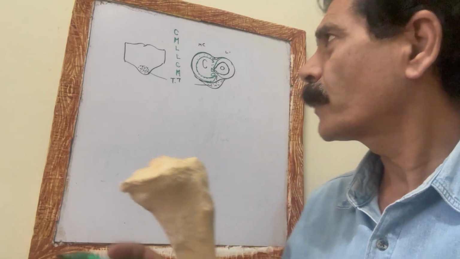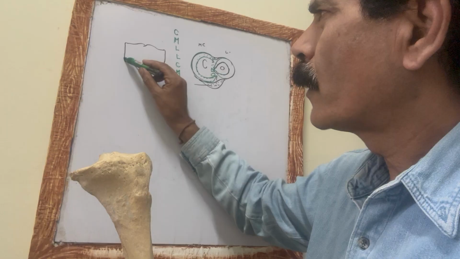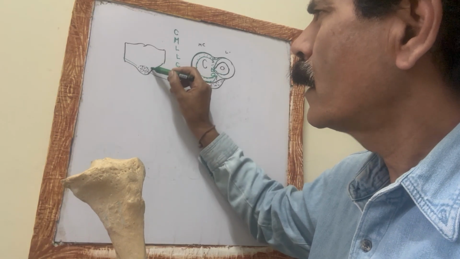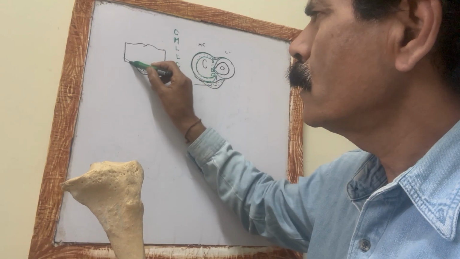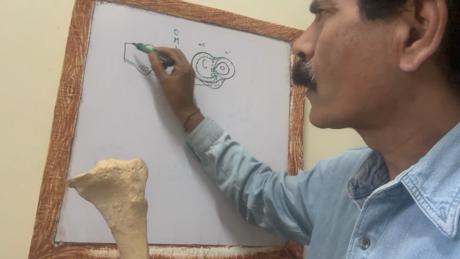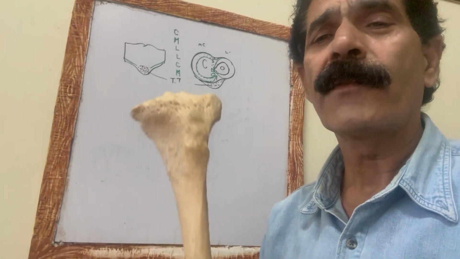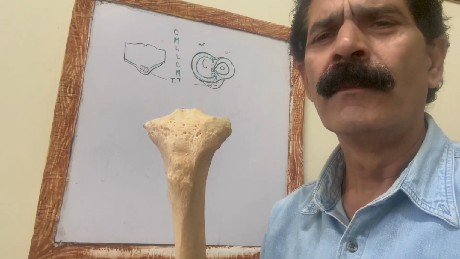Then on the anterior aspect, there is also attachment of the fibrous capsule. The fibrous capsule of the knee joint is attached on the lateral and the medial condyle, but it is interrupted near the tibial tuberosity to accommodate the tendon of the quadriceps femoris muscle, which is also called the ligamentum patellae.